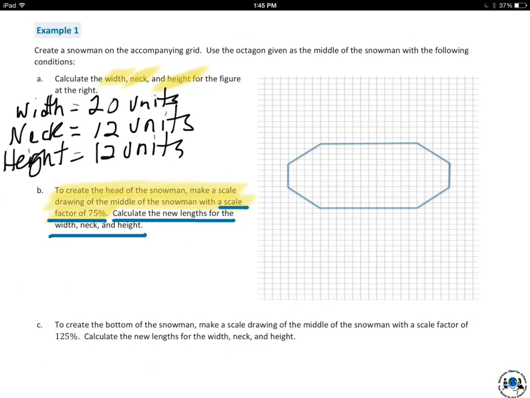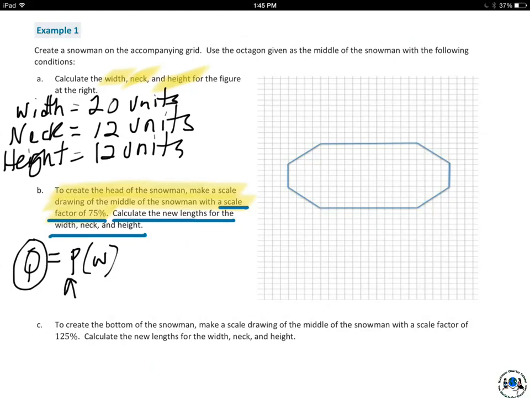Now, I hadn't thought about this before, but just thinking about it now, here we go. We have a perfect application of our Q equals P times W. This is perfect, because what we're trying to figure out is the Q, the new quantity, or the new length, width, and neck. We're going to apply a percentage.